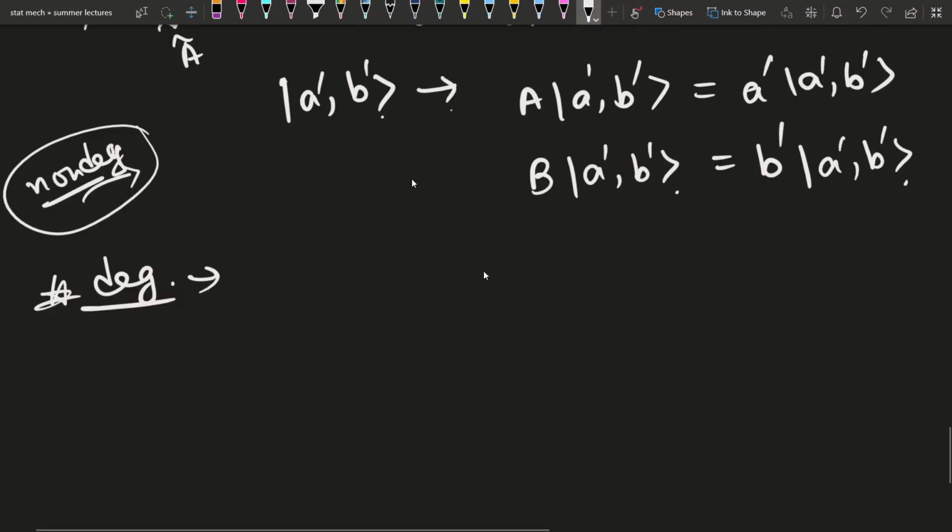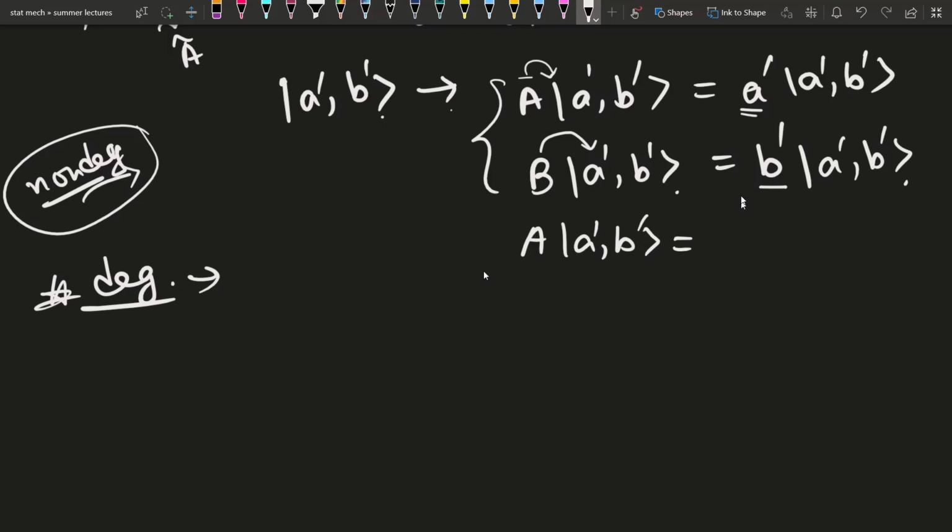Now if you really understood these two things, then you can understand that for the non-degenerate case, if we sequentially do these things, like if we operate the A operator on the eigenket, then we will get some eigenvalue like this, and then after that we apply the B operator on this and we get the eigenvalue B prime, and then again if we apply the A operator on the eigenket, then again I will get A prime.